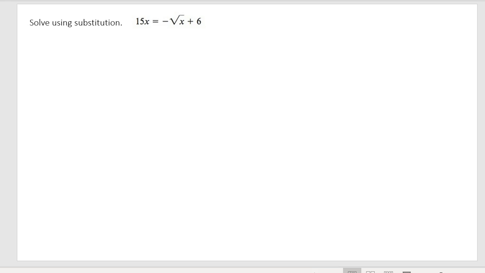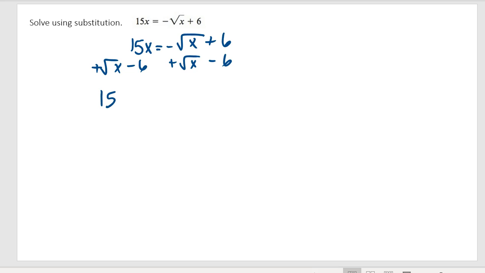Our next problem is not equal to 0, so let's rearrange it so that we have equal to 0. So I'm going to add the square root of x and subtract 6 from both sides. And I'm going to get 15x plus the square root of x minus 6 is equal to 0. Okay? So let's rewrite this using exponents that are fractional rather than radicals.